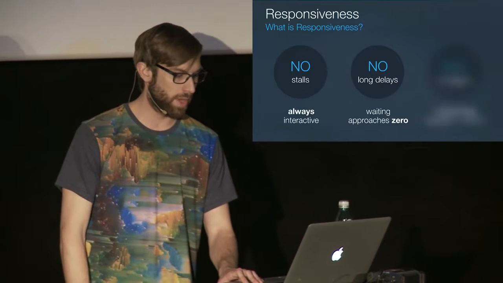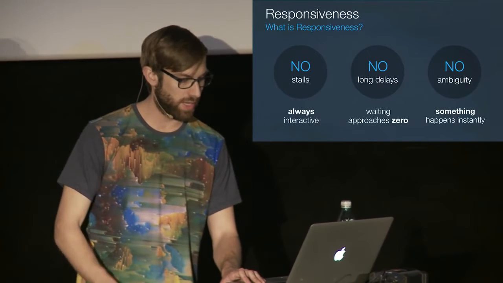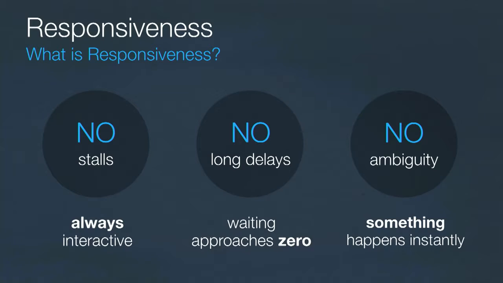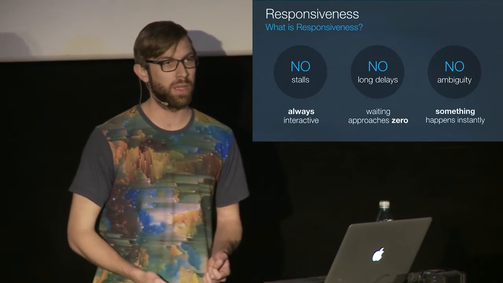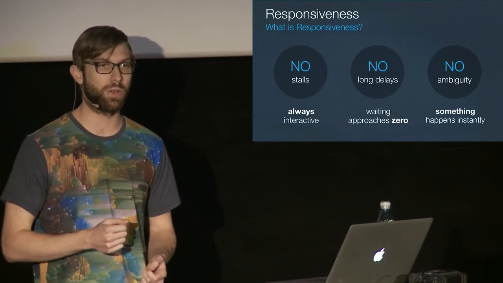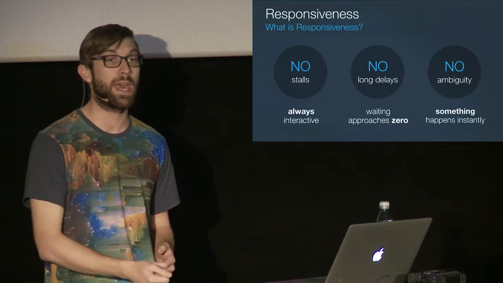really well. And the last, which is kind of an aspect of the first, but something that's really important to call out, is the sense of ambiguity that users feel when there is a delay in the UI. So you can all relate to when you tap a button and it does nothing, you think, maybe the screen didn't sense my finger, or maybe the app had an issue. Maybe I should tap again.